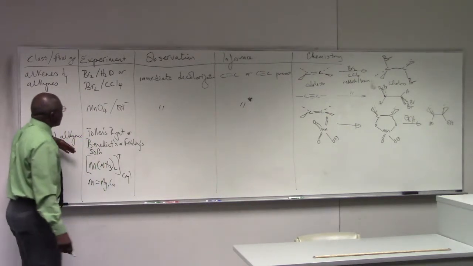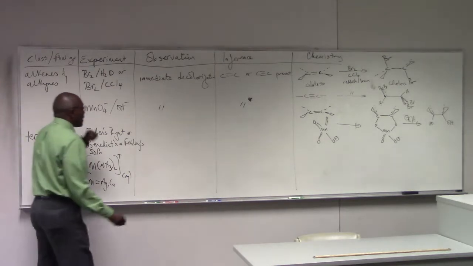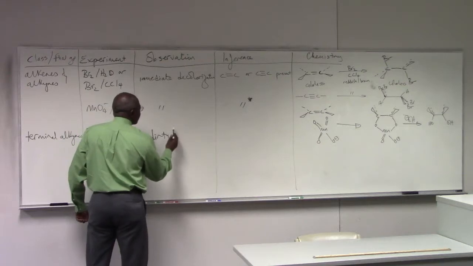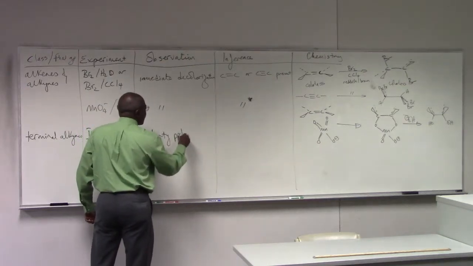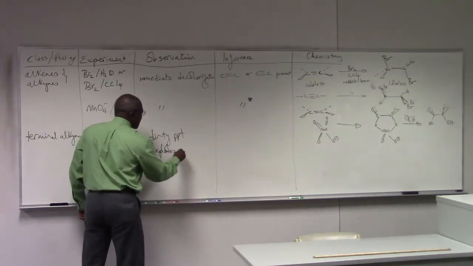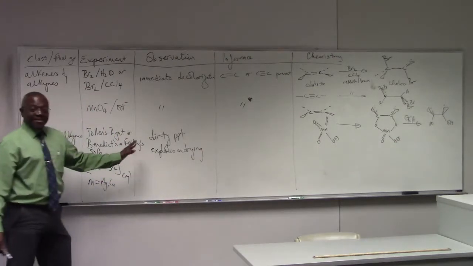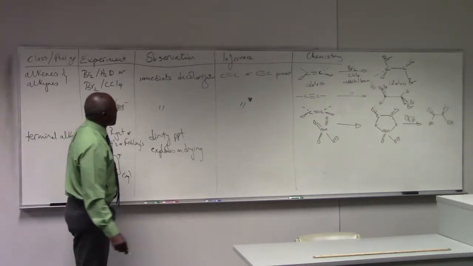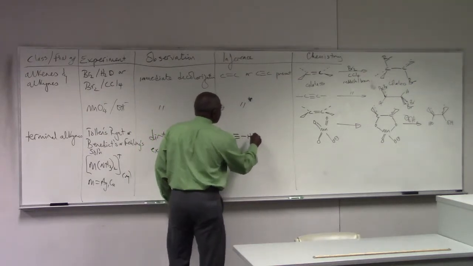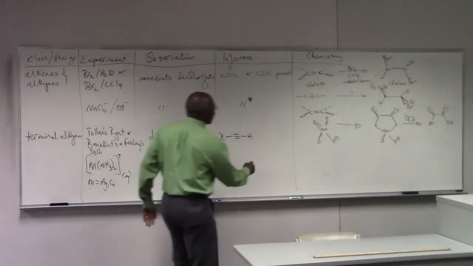If I add Tollens' reagent or Benedict's solution to an unknown compound, and I get a dirty precipitate, which explodes on drying, and that is a wow event, that would imply you're dealing with a terminal alkyne, right? So it's a terminal alkyne.